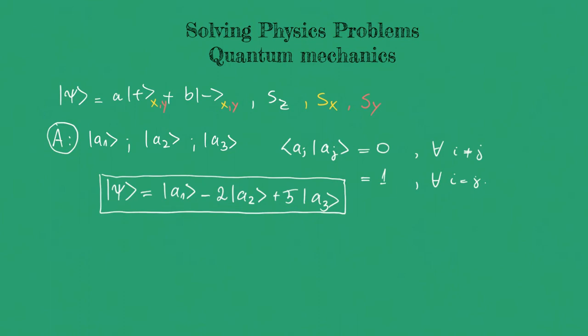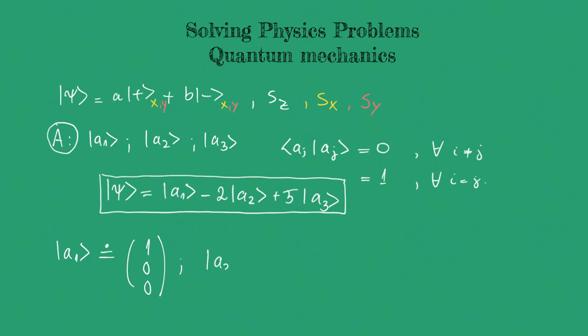An obvious way to do this, since they form the basis of our system, is to represent ket A1 by this matrix 1, 0, 0. The difference now is that as our basis is formed by 3 kets, each ket must have 3 entries when it comes to matrix notation. So here is the representation for the ket A1.